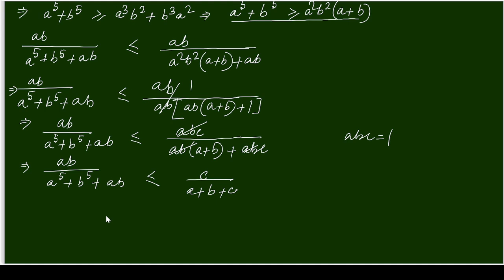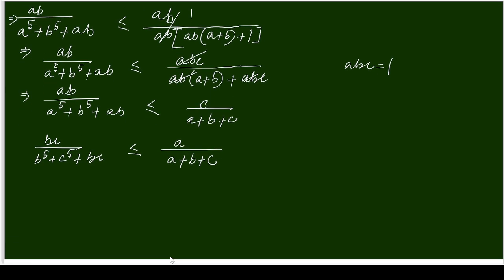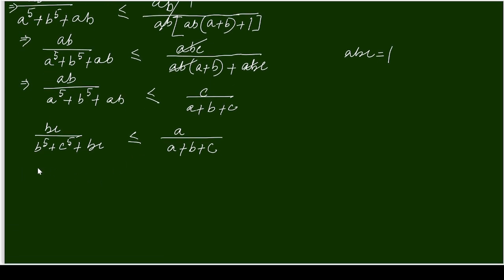Now coming to the second term, which is BC over B power 5 plus C power 5 plus BC. It will be less than or equal to, in the same way, A over A plus B plus C. The third one, CA, similarly we can prove.